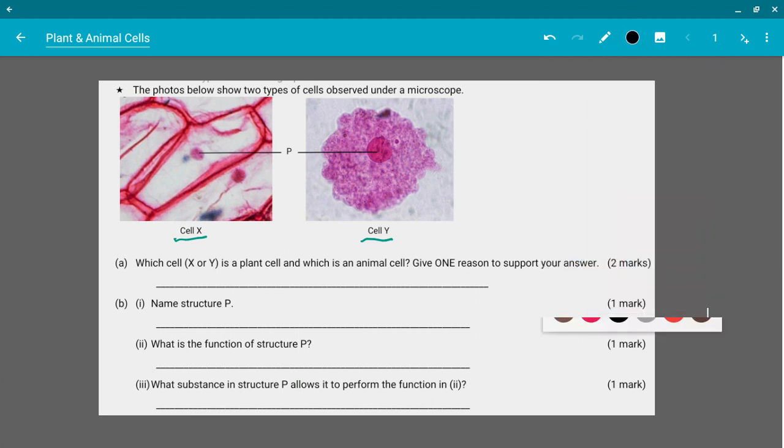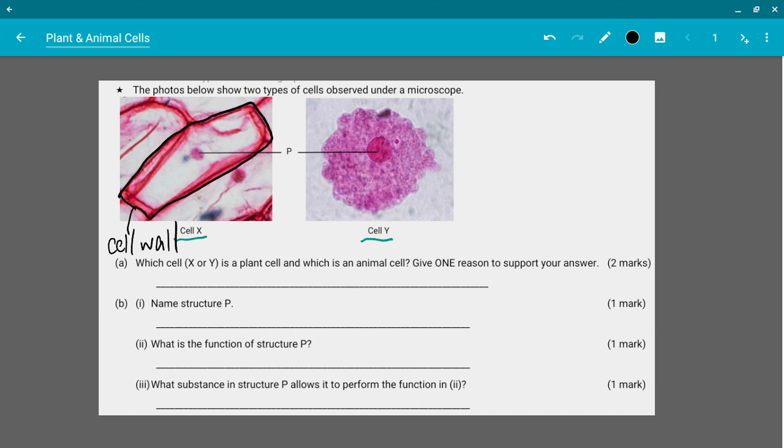Now, how can we be sure that which one is a plant cell and an animal cell? From the diagram, you can see very clearly that cell X, the one that I'm drawing in black, has a cell wall. Whereas in cell Y, you cannot find a cell wall.